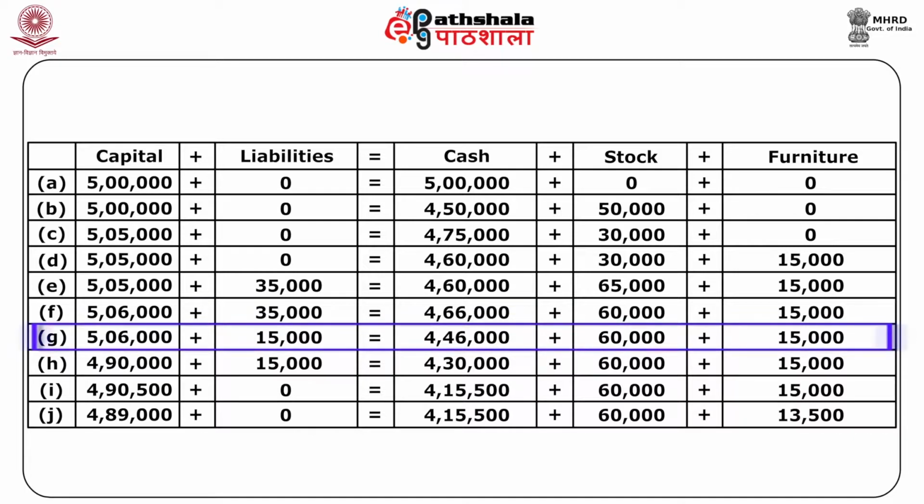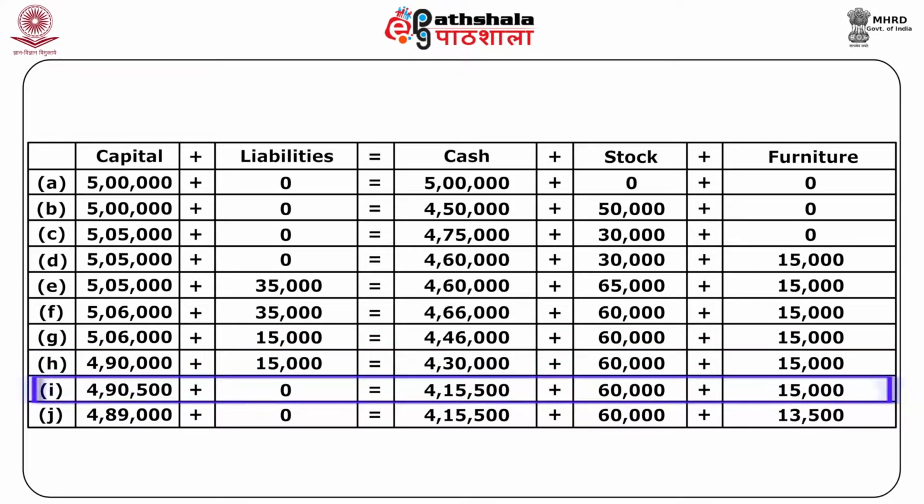Then come to the G part, 5 lakh 6,000 of capital plus 15,000 liabilities will give you cash of 4 lakh 46,000 plus stock of 60,000 plus furniture of 15,000. H part of capital 4 lakh 90,000 plus 15,000 of liability will give you cash of 4 lakh 30,000 plus 60,000 of stock plus 15,000 of furniture.